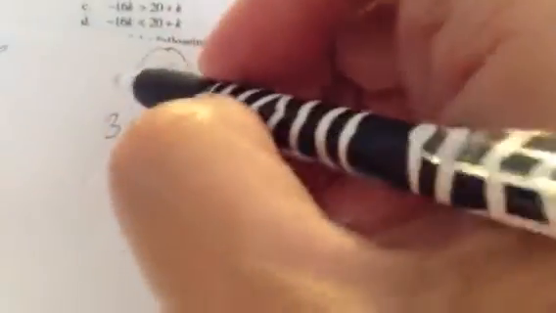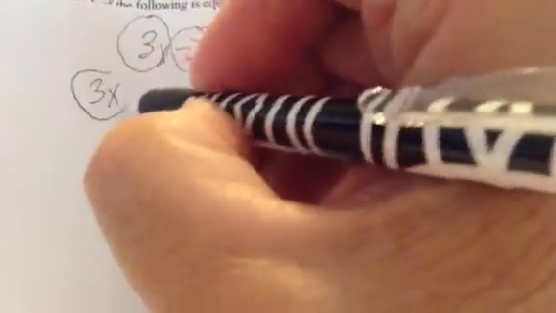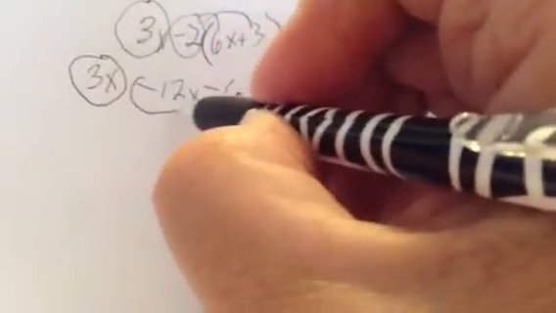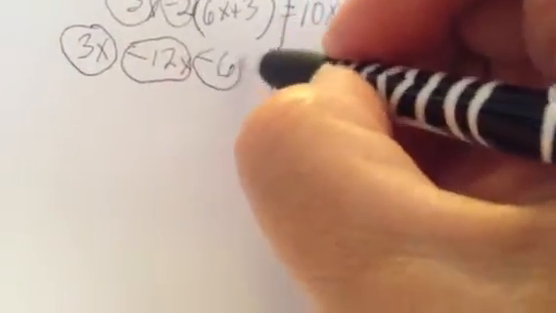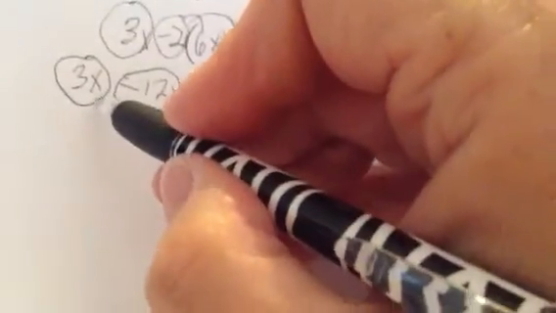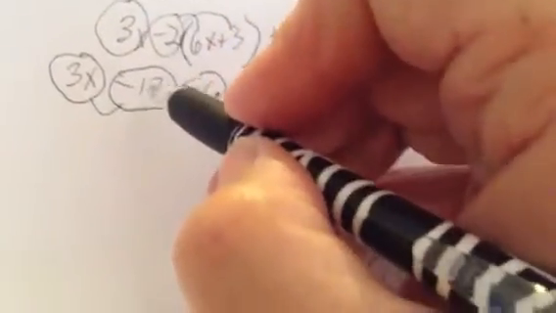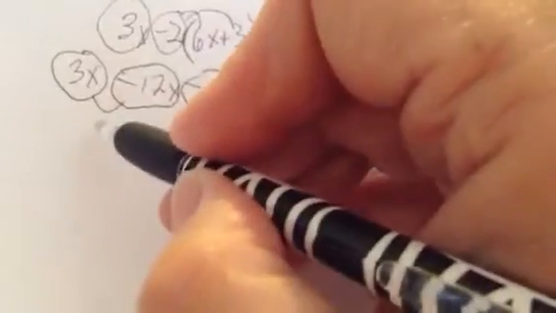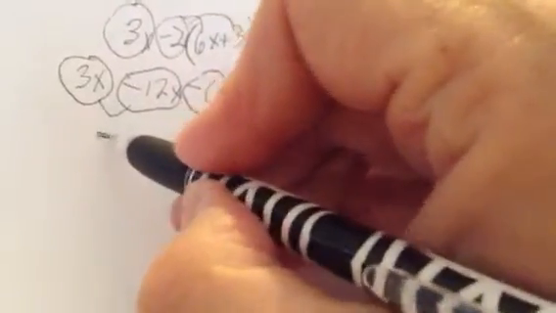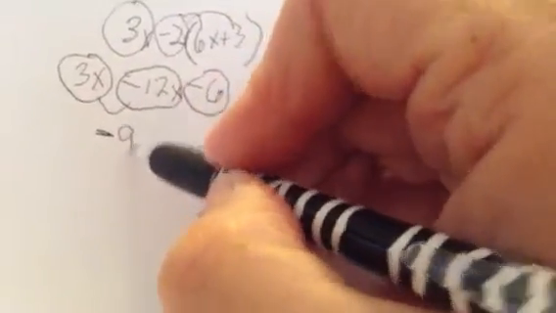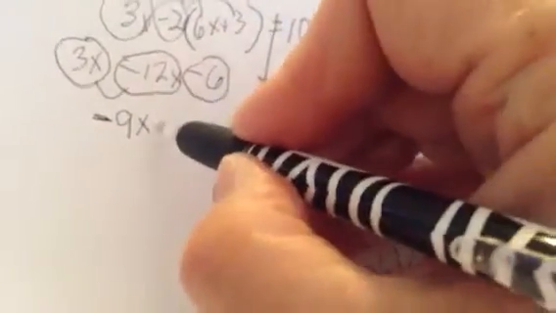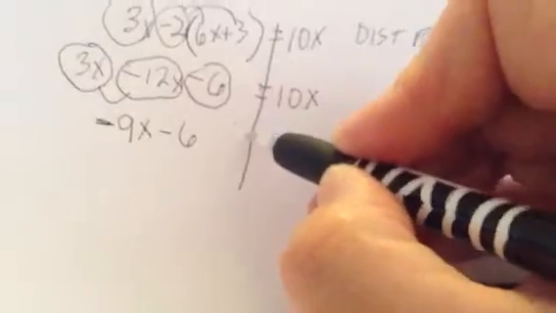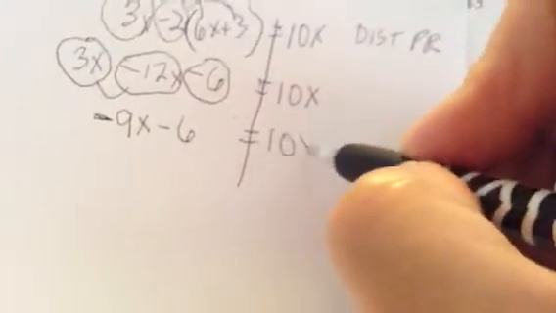Now we are going to combine like terms. So I have 3 positive x's and 12 negative x's. I have more negatives, so I'm going to have negatives left over. How many? 9. 9 negative x's that don't have a positive to hang with, bring down our negative 6, and that equals 10x.